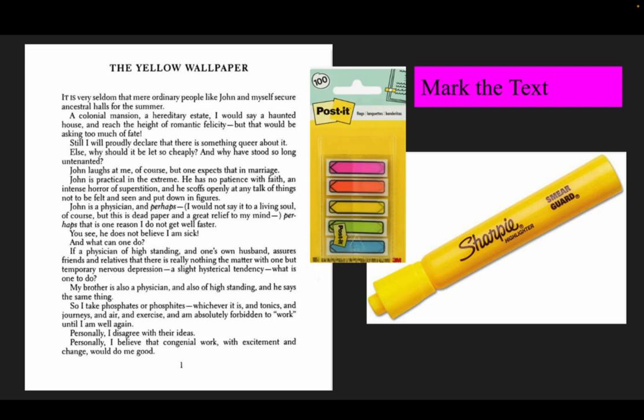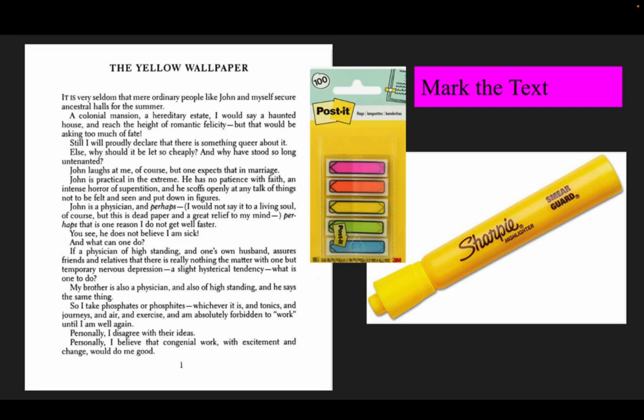So, what you want to do with this literary analysis essay is to find some common elements in the stories and mark the text. So, what I would do is I would read through and then highlight or put those little yellow and orange flags on certain parts of the text that you might want to use in your essay.